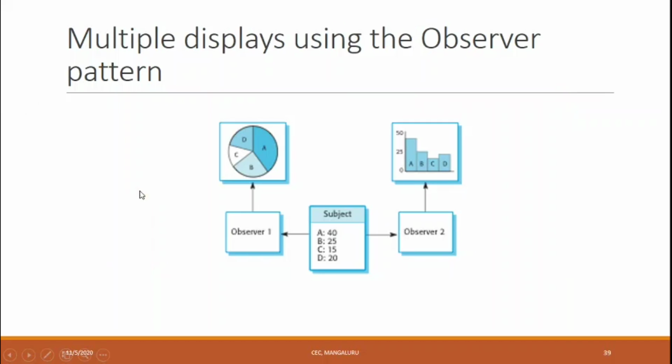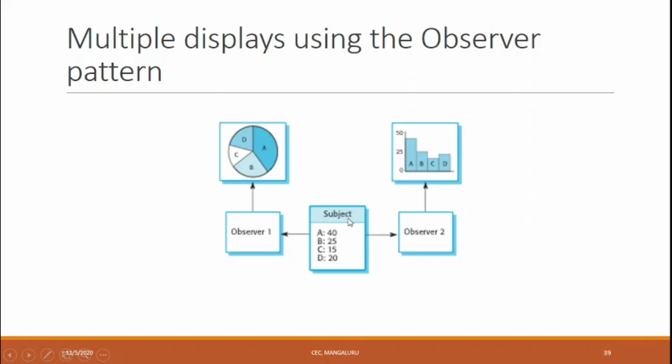Okay, and you can see it diagrammatically: observer 1 is a pie chart, and observer 2 is a bar chart.